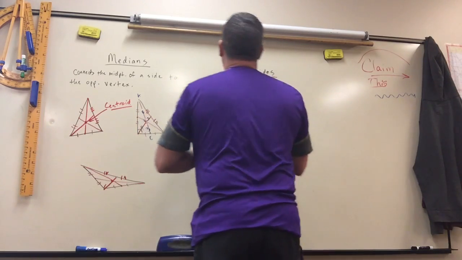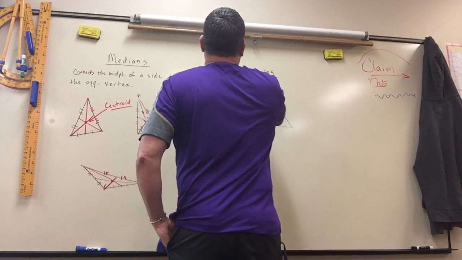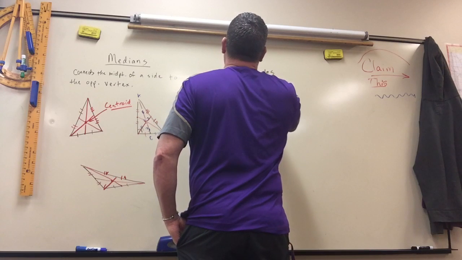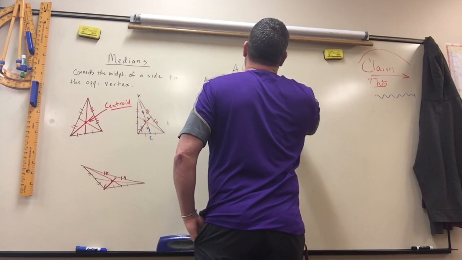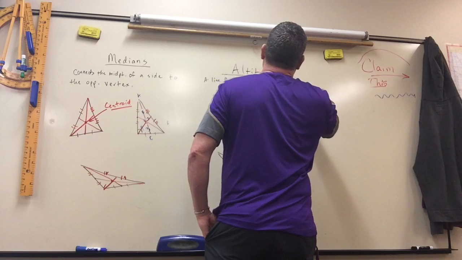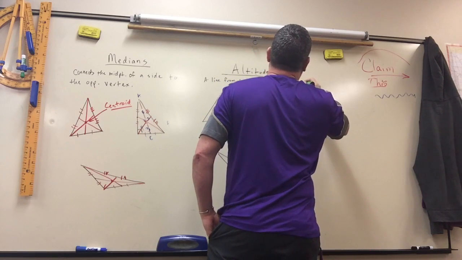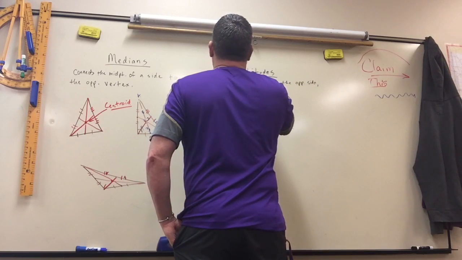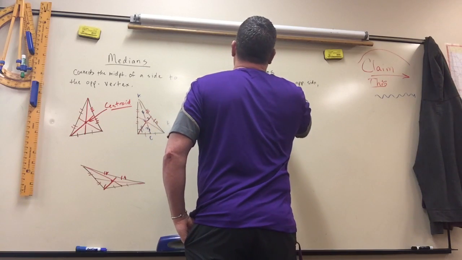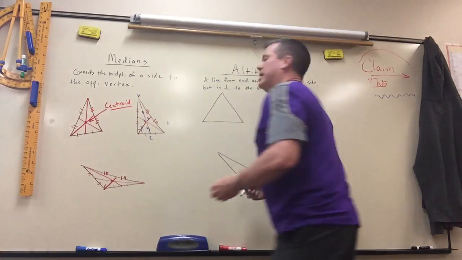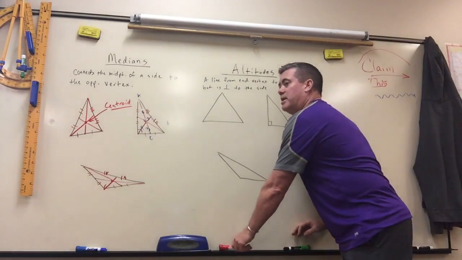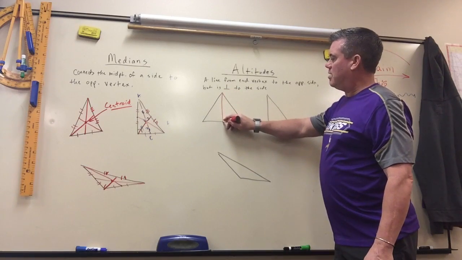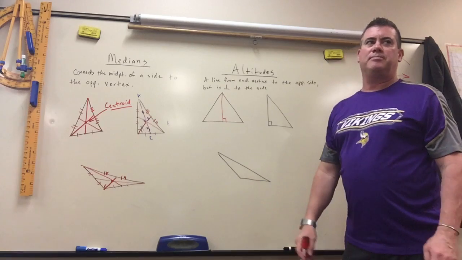An altitude is a line from each vertex to the opposite side, but is perpendicular to the side. So if you're drawing in an altitude, you start at a vertex and you go to the other side, but it's got to be perpendicular to it.